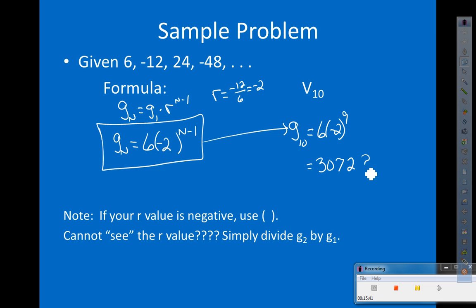You might check my math on that one. And it's going to be negative. I knew it would be negative because a negative number to an odd power is negative. So negative 3072, I believe. You might have to check my math on that one.